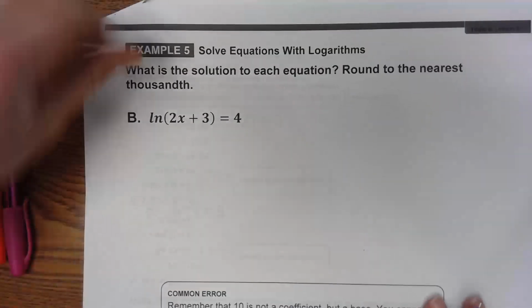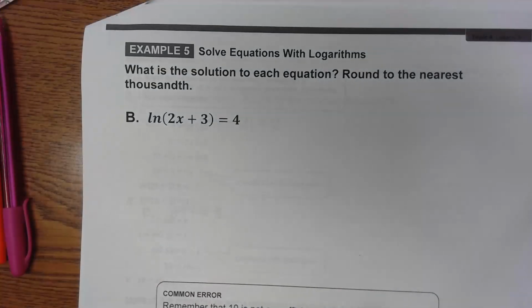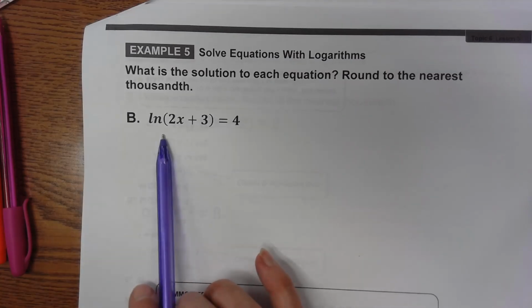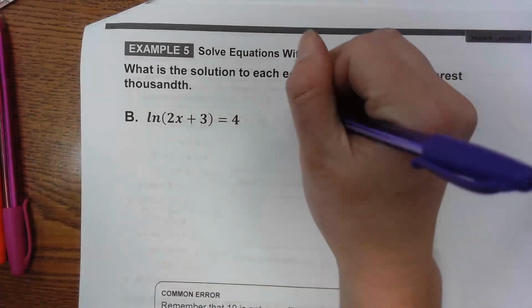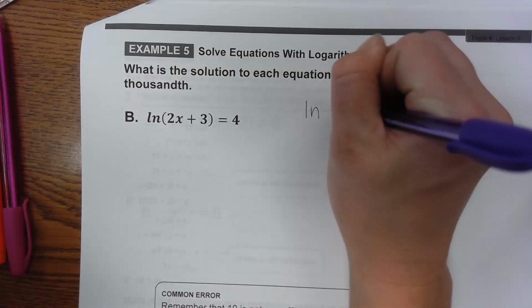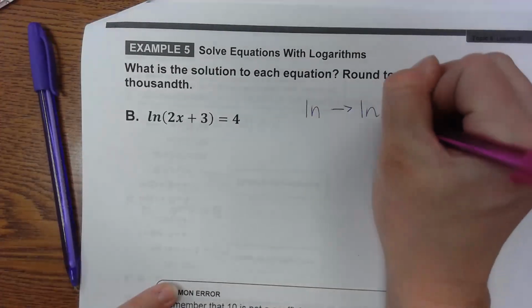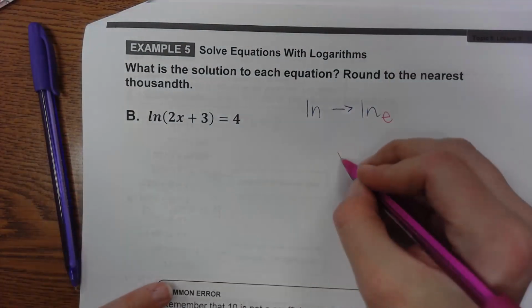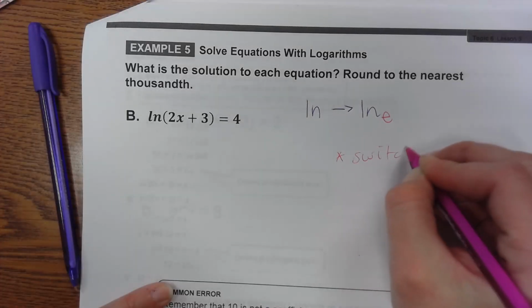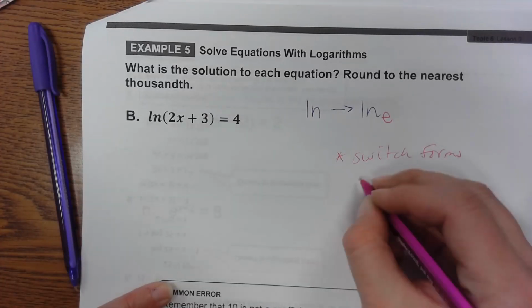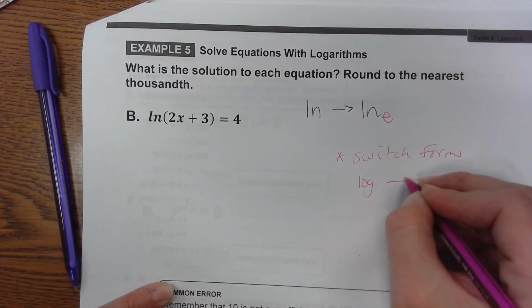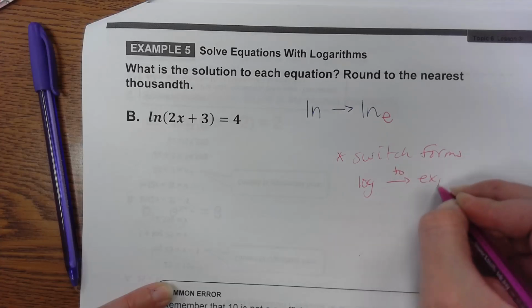All right, next one. The second one has the ln. The key here is that you know that the ln is really the ln base e. And so we're going to switch forms, meaning I'm going to go from log to exponential.